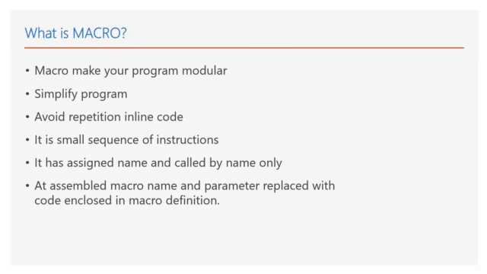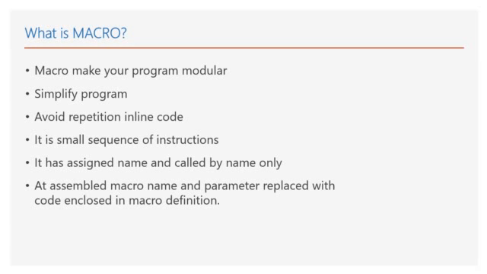And the macro avoids repetition of lines of code, as more reuse of the code is done in your programming, so the length of your program also gets shortened. A macro is nothing but a small sequence of instructions.